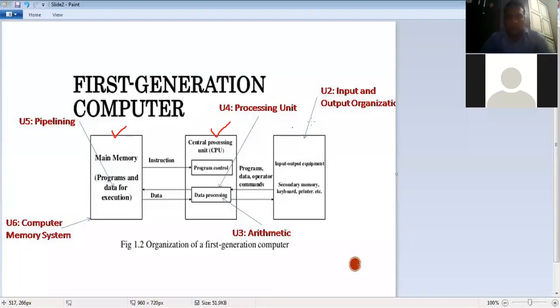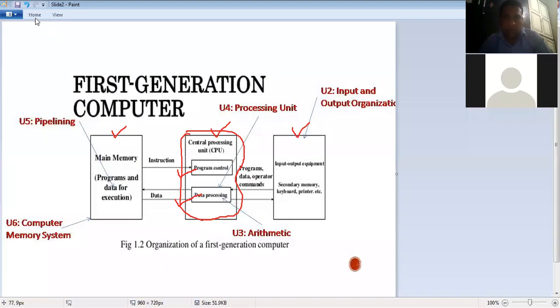The very first block is the central processing unit. This particular block is called the processor. And as we already know, the processor is basically divided into 2 sections. One is the program control unit and the second one is the data processing unit.